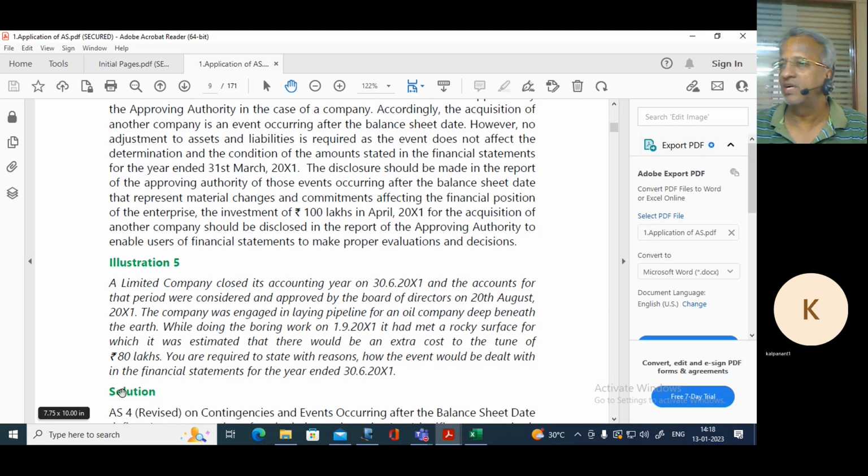Firstly, number one, it is not an event occurring after balance sheet date. Why? Because they have done with the pipeline on this date. Which date? 1921, whereas your books of accounts were approved by 20th August itself.